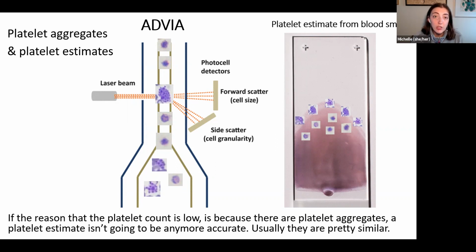So there are some situations where that makes sense. But just be aware that a manual platelet estimate from a smear is not going to be more accurate if the reason the platelets are low is because of clumping. So that's just something to be aware of.